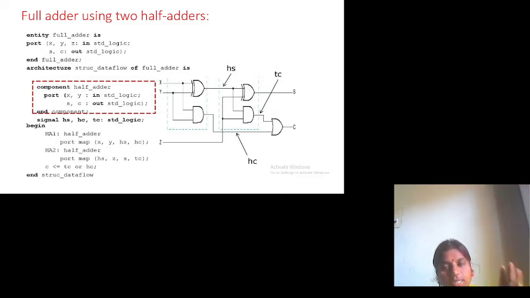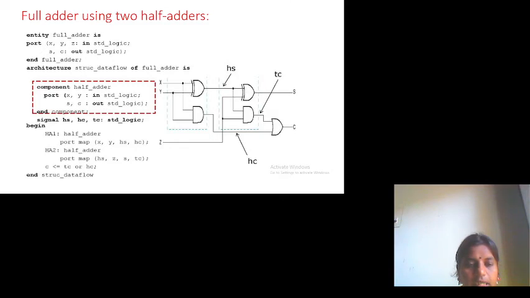Now after instantiating these two, another gate is there, that is the OR gate, where the two inputs are taken from the carries of the half adders. For this I am writing the data flow model. The output of the OR gate is C, so C is equal to TC ORed with HC.